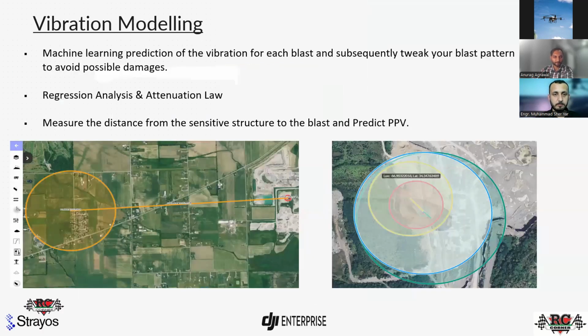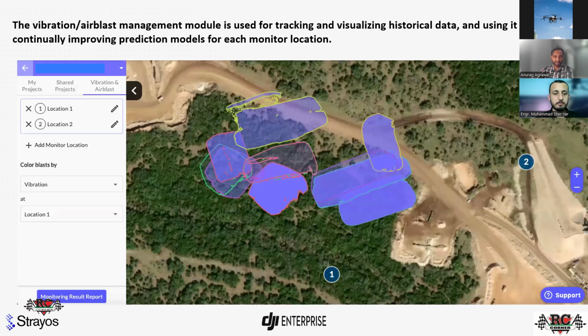Vibration modeling. There are different machine learning predictions available in the software. By using that, you can refine your vibration analysis. You can see here, 1 and 2 show the seismograph locations, and this is the boundary of the blast, where location 1 and location 2 show the seismograph locations.